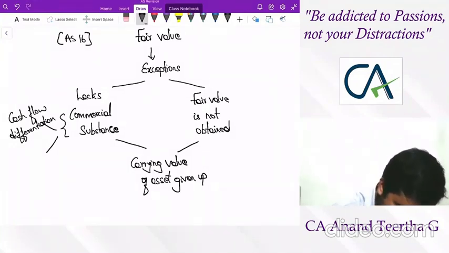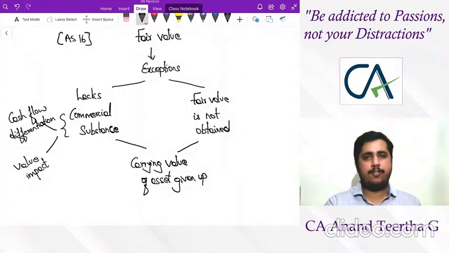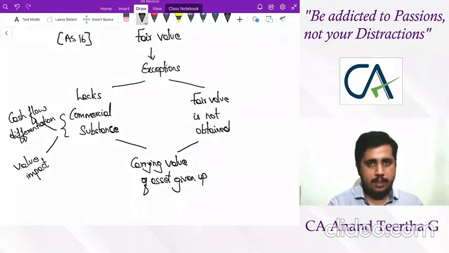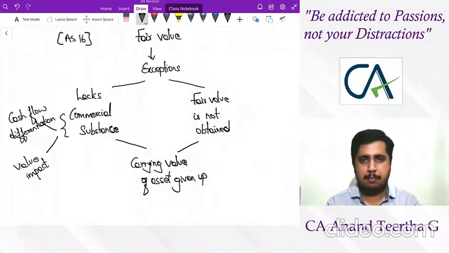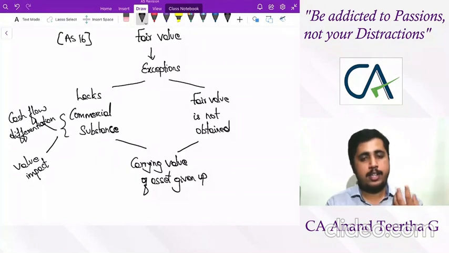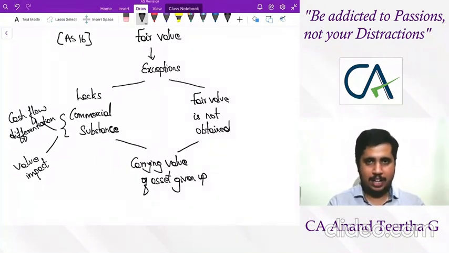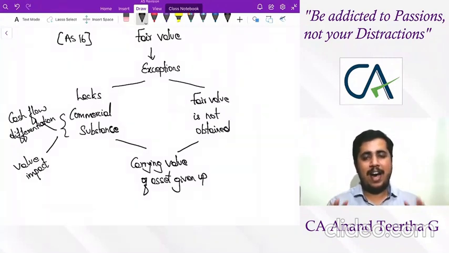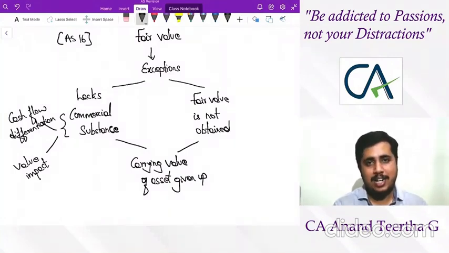Second, the value impact is significantly different. So the received asset, what value change is happening, either good or bad. The asset received value and the asset given up value are different, so value derivation for the company is different. So that's how commercial substance is established.